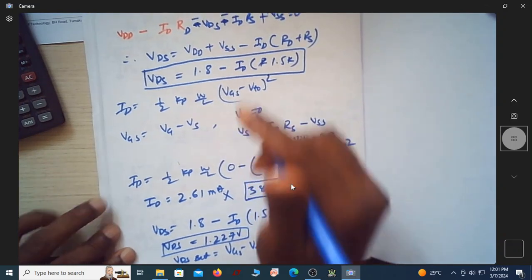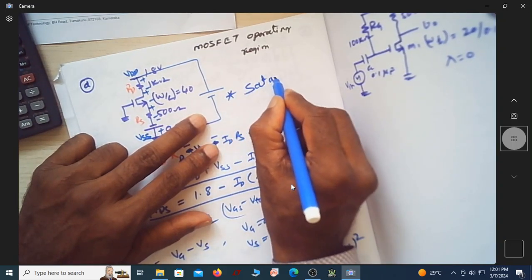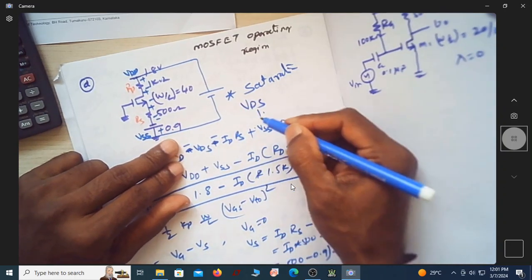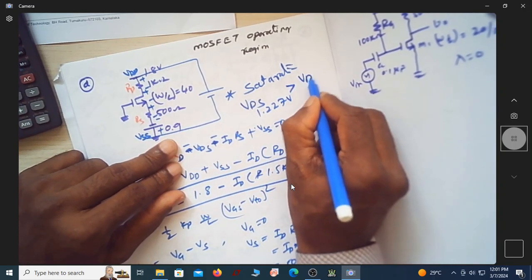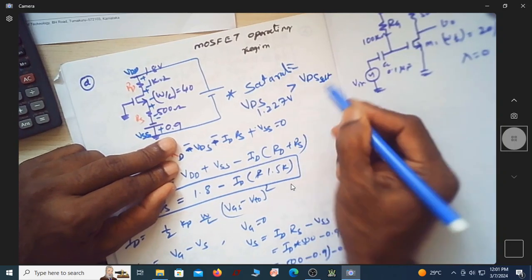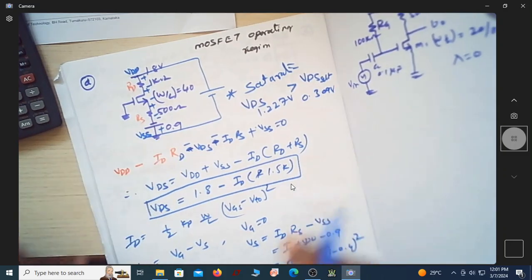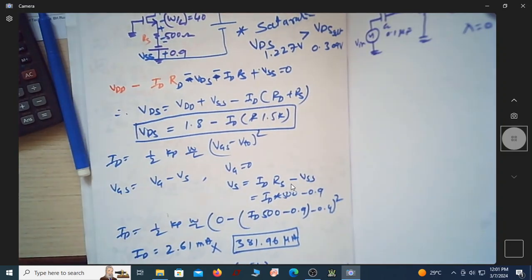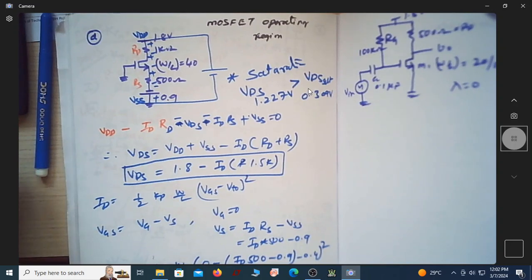So the MOSFET is in saturation, because VDS, which is 1.227 volt, is greater than VDS SAT, which is 0.309 volt. So this way we can prove that in this circuit, the MOSFET is in saturation region. Thank you.